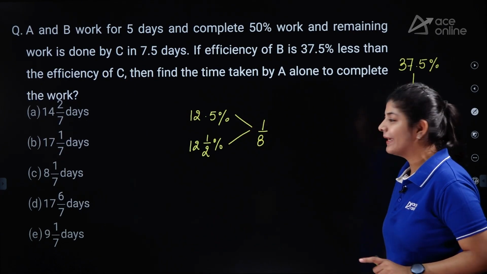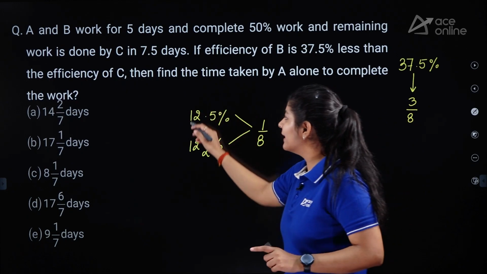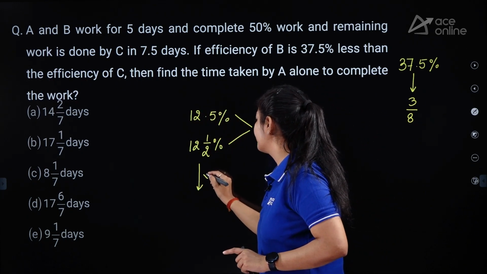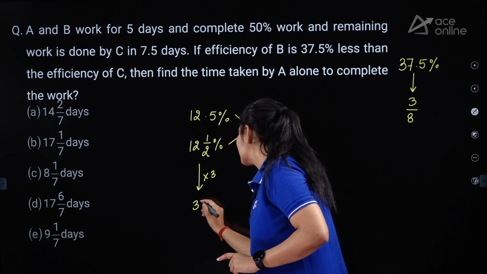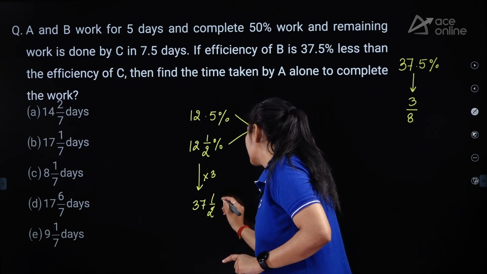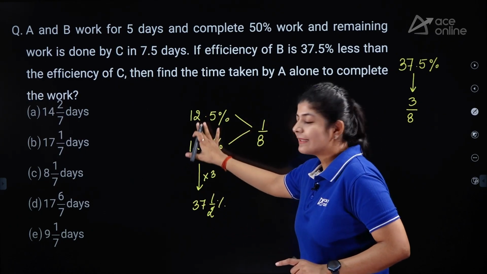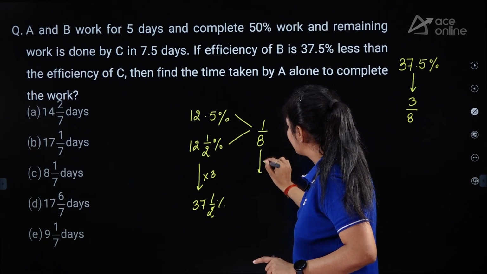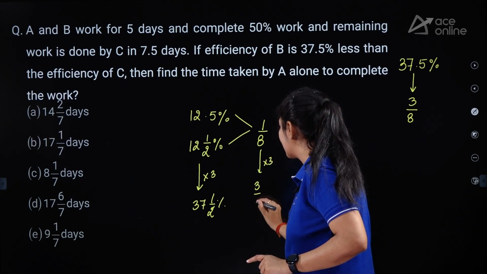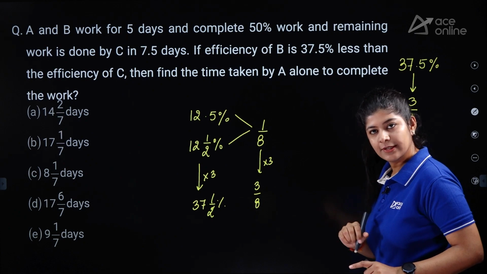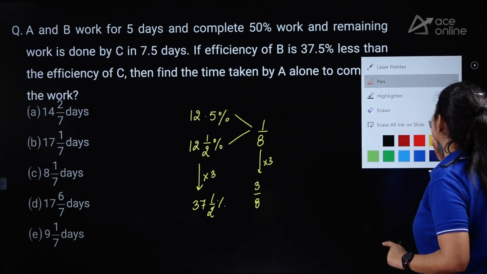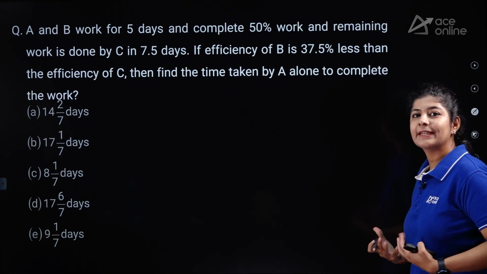And when I multiply this value by 3, I get 37 1 by 2. If we multiply this side by 3, we have to multiply the other side by 3 also, and here we get 3 by 8 as our fraction. Is it clear? So just use these values and figure out the correct answer.